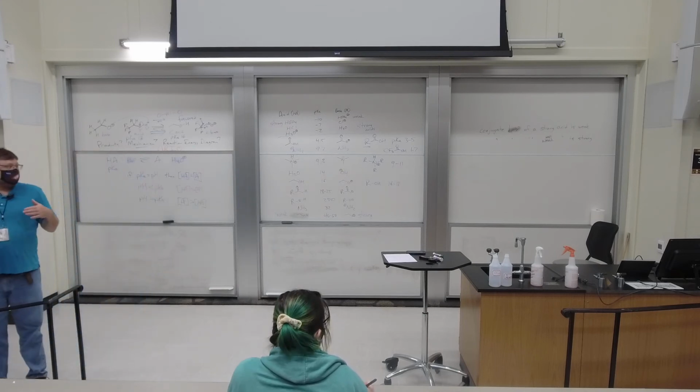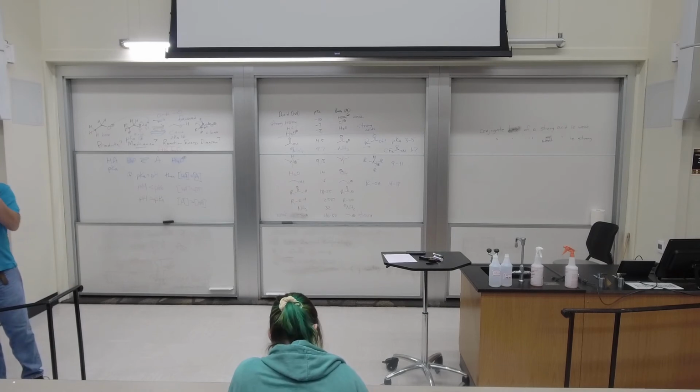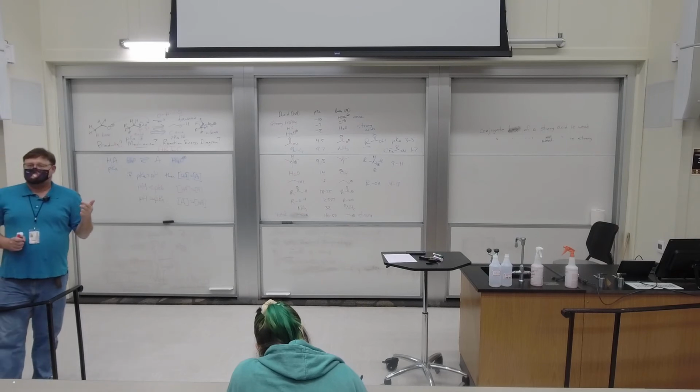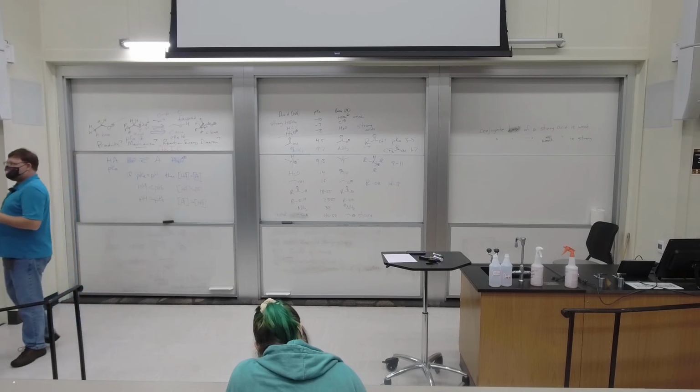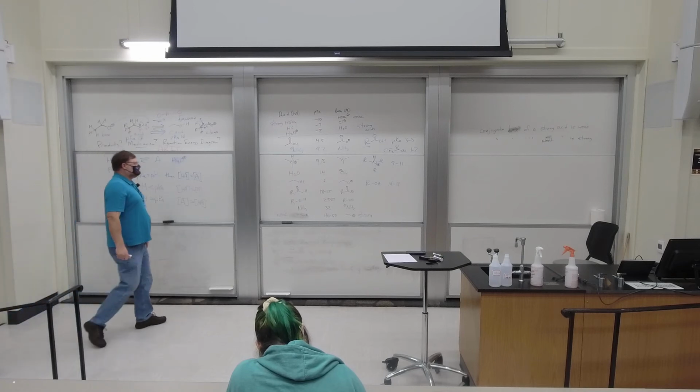The conjugate base of a weak acid is strong. The take home there is the strength of an acid and its conjugate base, or a base and its conjugate acid, are inversely related. A strong acid is going to have a weak conjugate base. A strong base is going to have a weak conjugate acid. Stuff in the middle is kind of moderate.